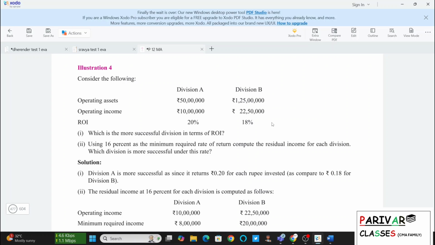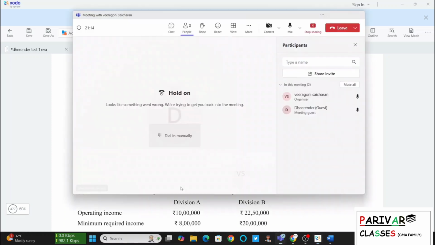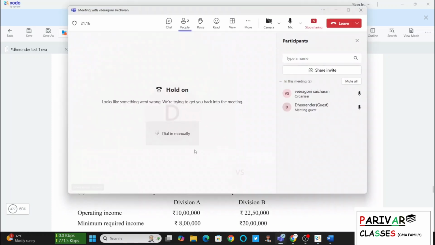That means A is earning 20 rupees for every 100 rupees invested, and B is earning 18 rupees for every 100 rupees invested. So division A earns 2 rupees more than division B for every 100 rupees of investment. You have to write like this in 2 or 3 points and say division A is successful in terms of ROI. Directly you can write division A is successful, but you will not get full marks.